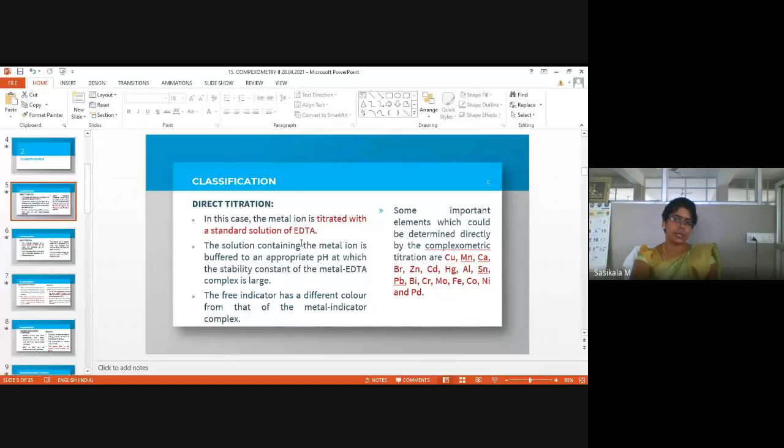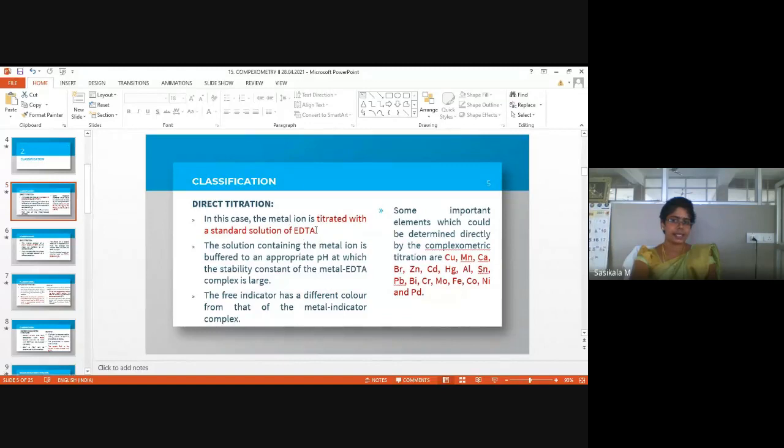Here the metal will be forming a complex with EDTA. What is the nature of EDTA? EDTA means ethylene diamine tetraacetic acid, and it is called a chelating agent or complexing agent. If the chelate formed is water soluble, then it is called a sequestering agent.